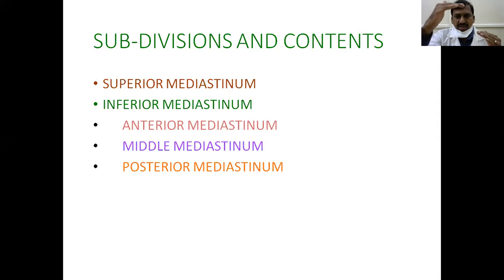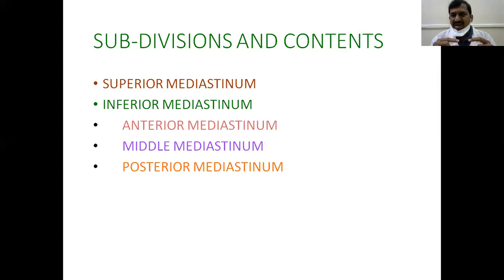Okay, and this space we are dividing into two parts through a horizontal imaginary plane. The imaginary line passes anteriorly from the sternal angle, that is at the level of the junction of the manubrium sterni and body of the sternum.